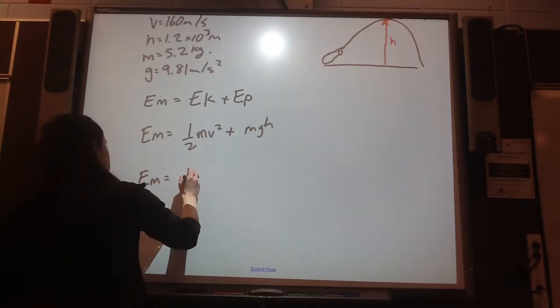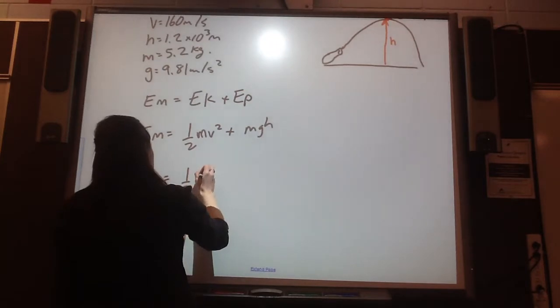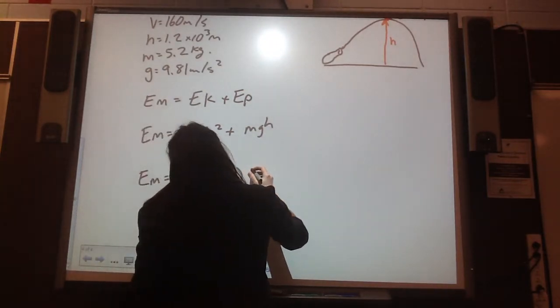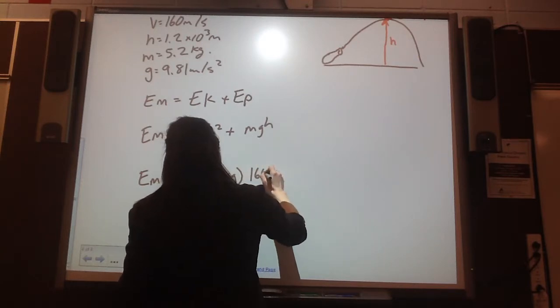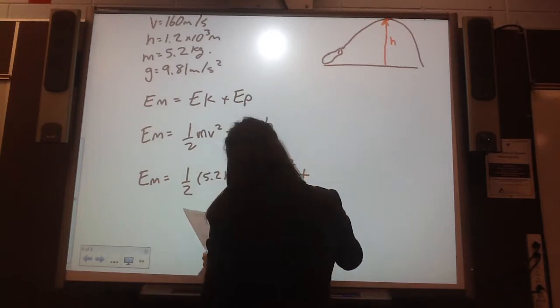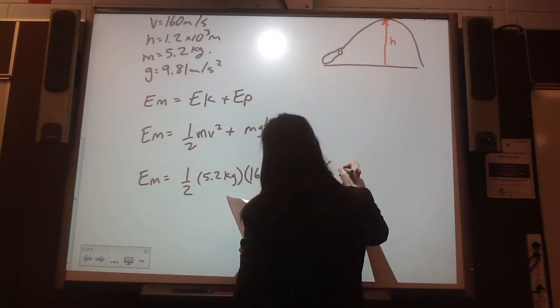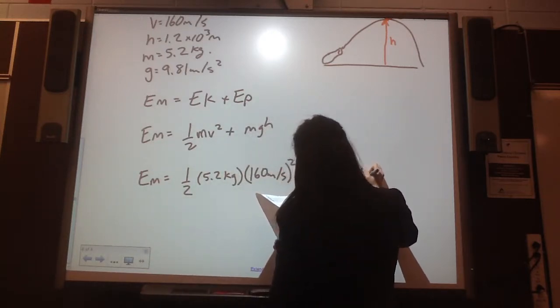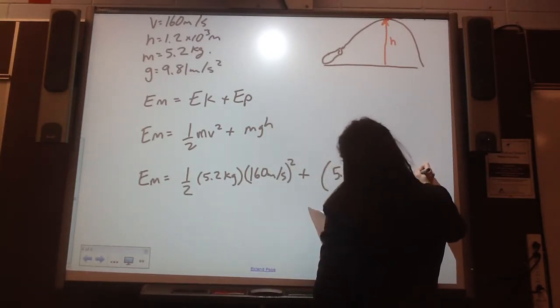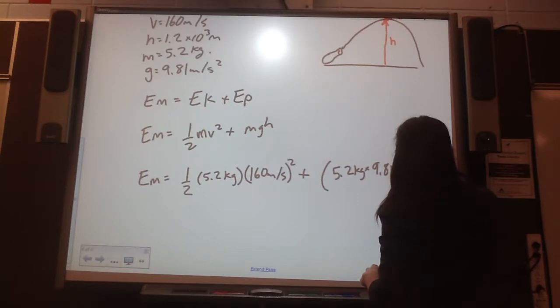So let's put in all the things we know. Half times 5.2 kilograms times 160 meters per second squared, plus 5.2 kilograms times 9.81 meters per second squared times 1.2 times 10 to the 3 meters.